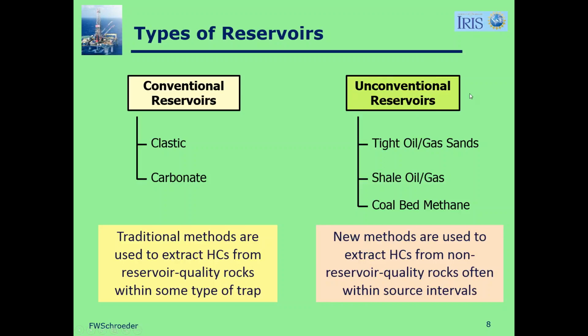Some people call these resource plays. They're tight oil sands and tight gas sands. They're shale oil and shale gas, and also coal bed methane. And these rocks are much tighter, much lower permeability, and so we need new methods to extract the hydrocarbons from what we would consider, in a classic sense, non-reservoir quality rocks.